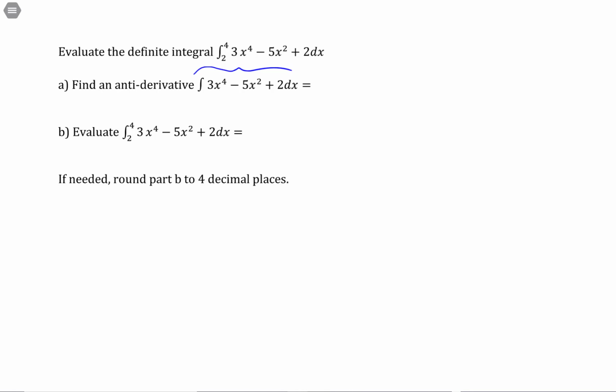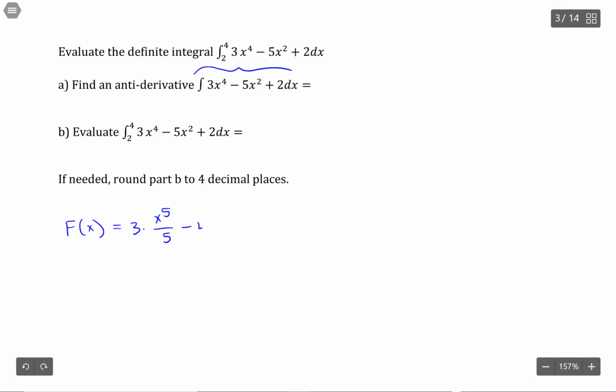So the antiderivative, I'll just say capital F of x here, would be 3 times, so x to the fourth would integrate as x to the fifth divided by 5, because we add 1 to the exponent and divide by the new exponent. Then minus 5 times x to the third divided by 3 plus 2x.